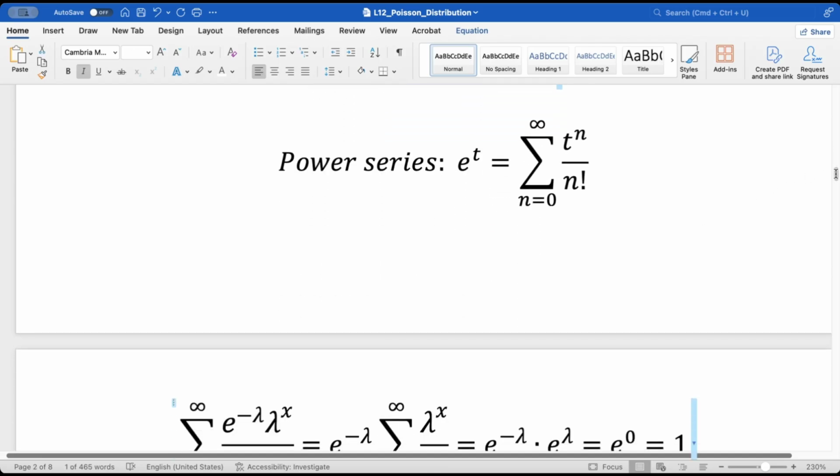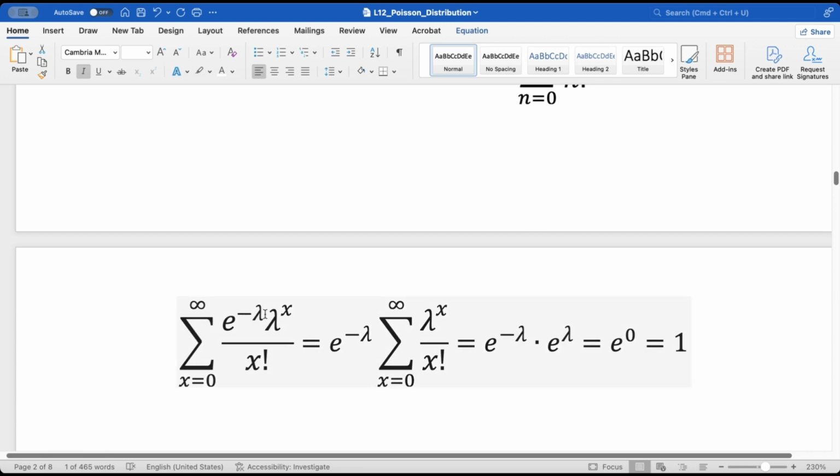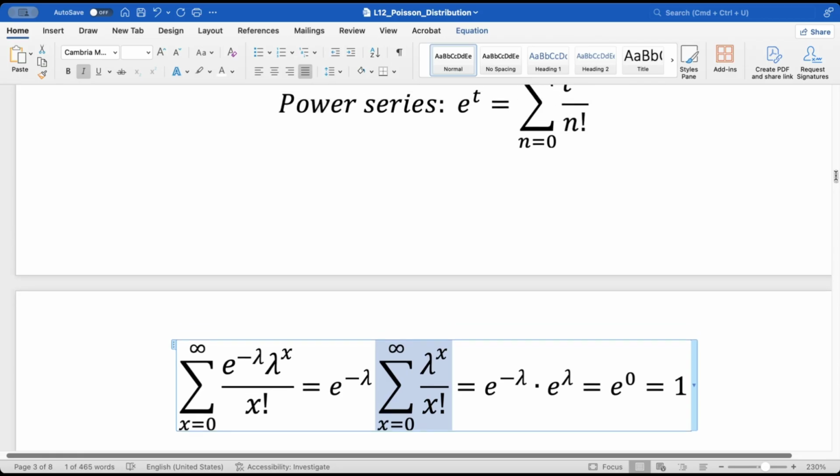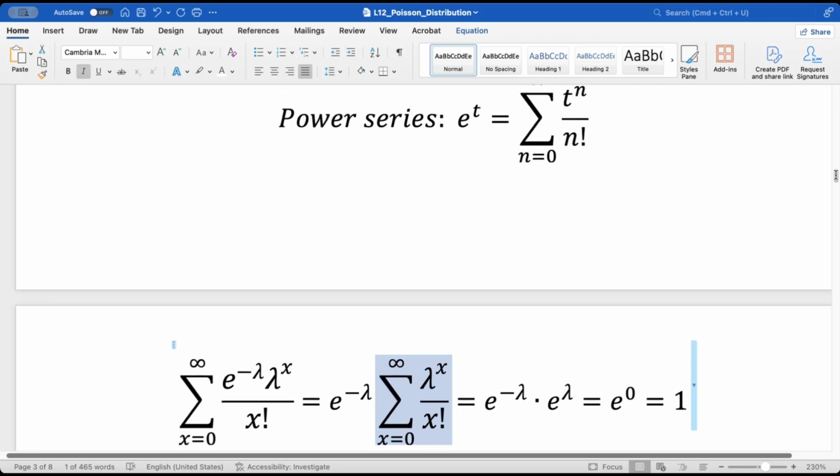So e to the minus lambda is a constant, so we can factor out e to the minus lambda and pull that in front. Then you want to convince yourself that this expression here is the series representation for e. Again, we have a lambda instead of a t, an x instead of an n, but it's the same format.